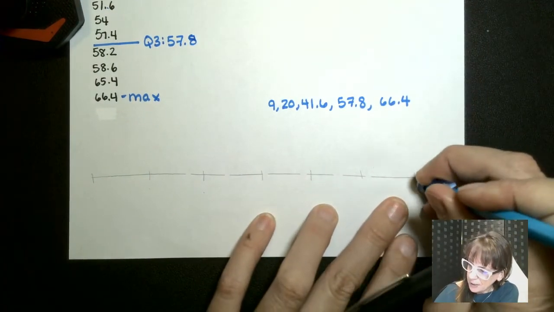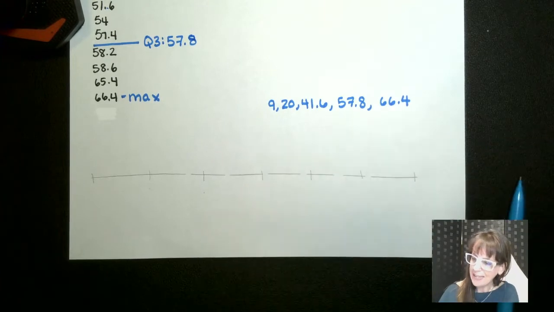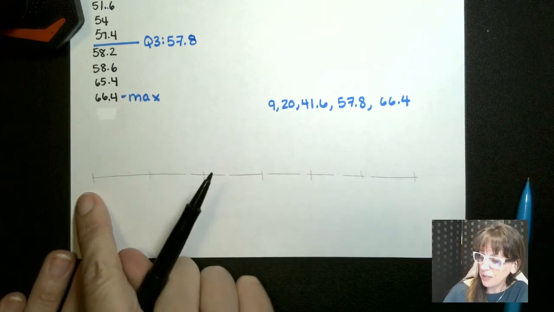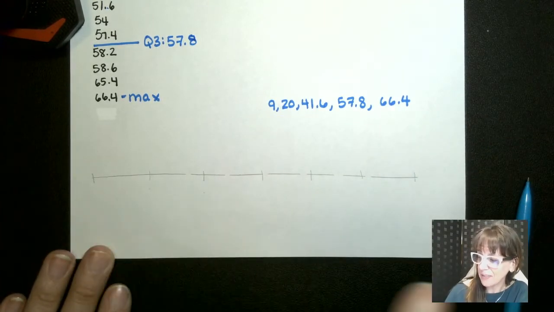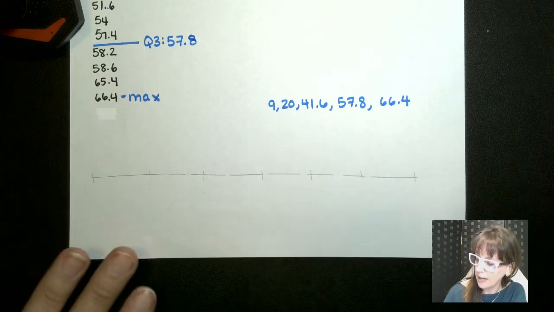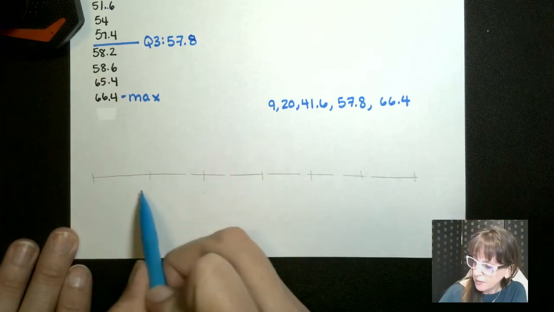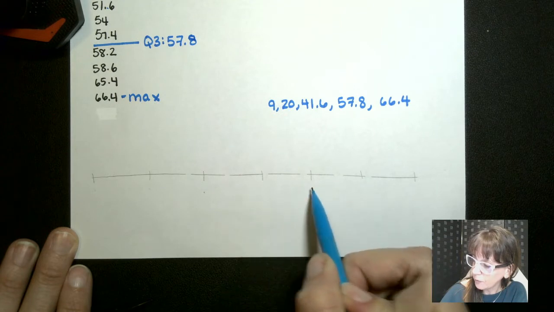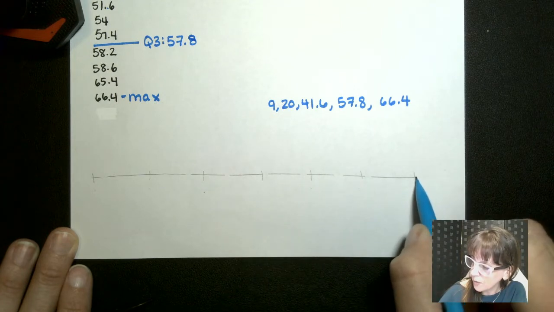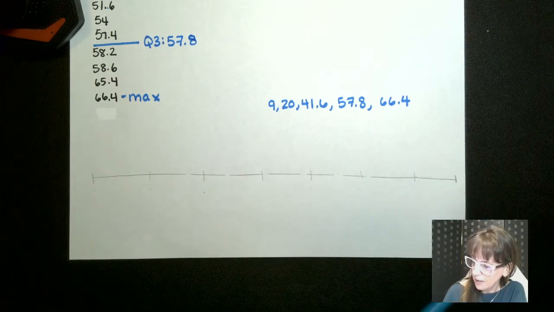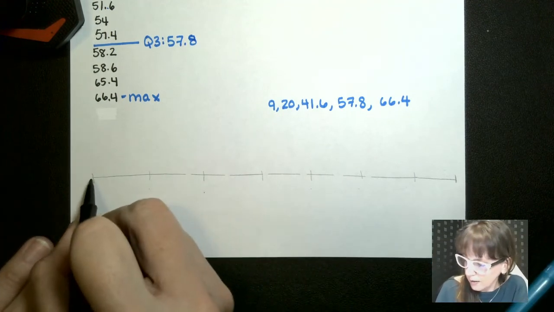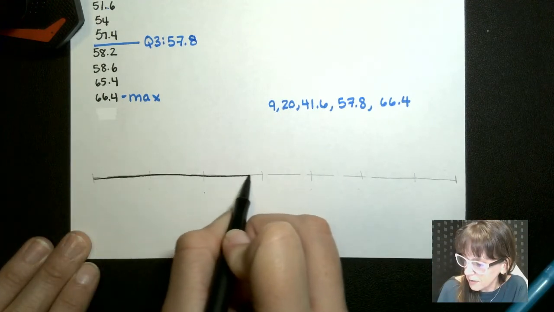So I decided I was going to go between 10 and actually probably 0 and 70 would be better, because I have to capture that 9 in there. So if I do 0, 10, 20, 30, 40, 50, 60, I need to go all the way to 70 here. Okay, so let's do this in our marker that we can see.